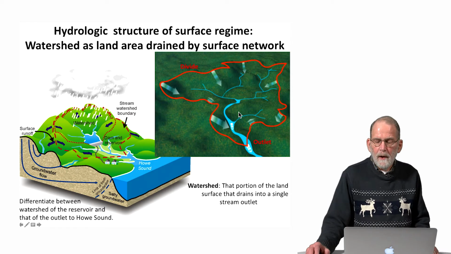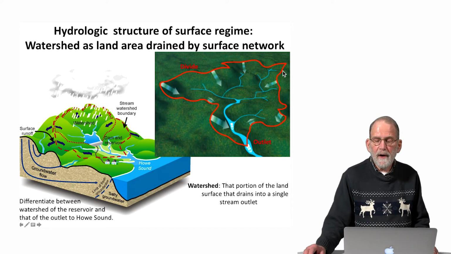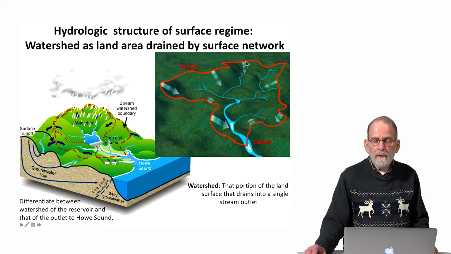So we can talk about the amount of land area that is contributing water flowing through the outlet. The outlet, as identified in red, is that point where water is leaving a watershed. And if we're interested in knowing what portion of the land contributes water to this outlet, we need to look at the topography of the landscape surrounding the drainage network, and we can trace lines from high point to high point, and the lines from one high point to another high point represent the watershed divide.